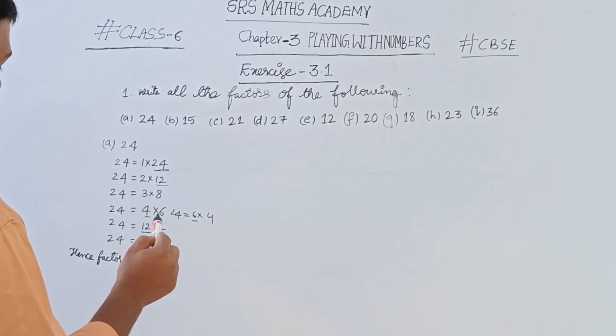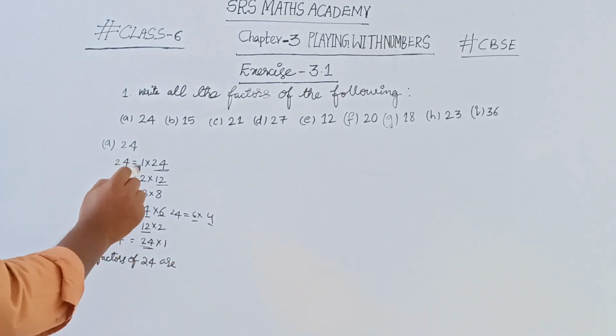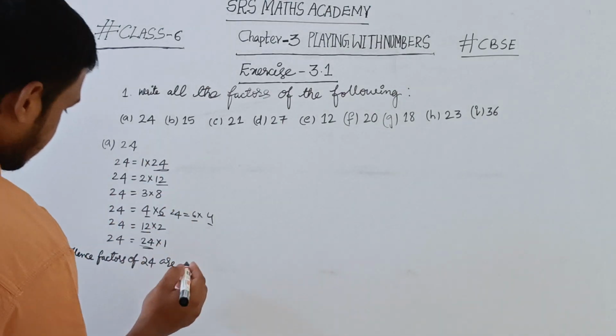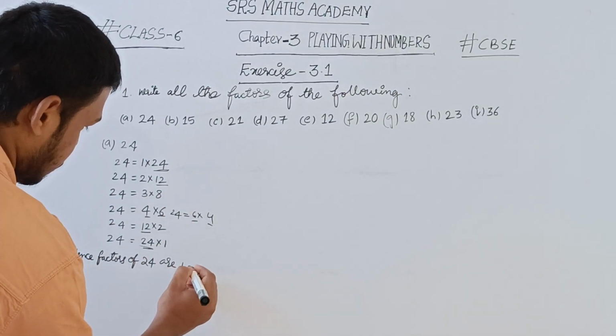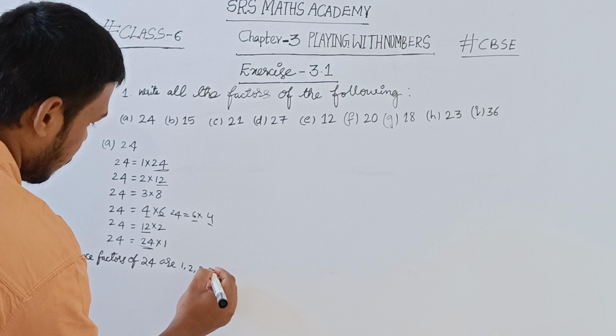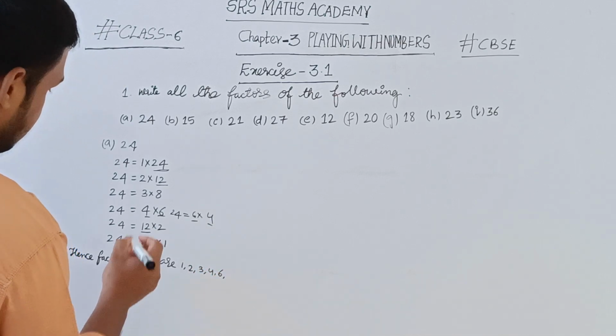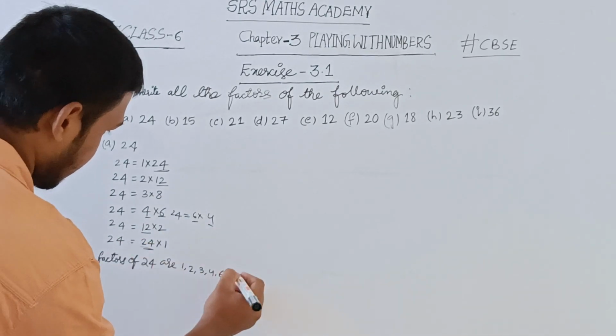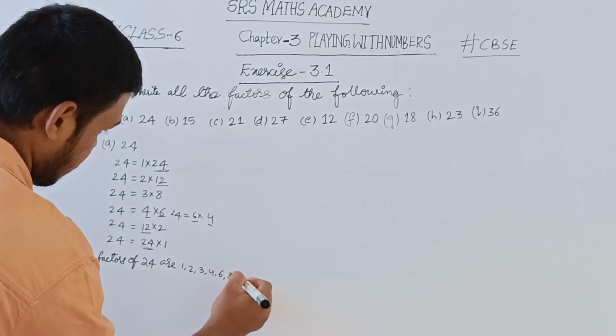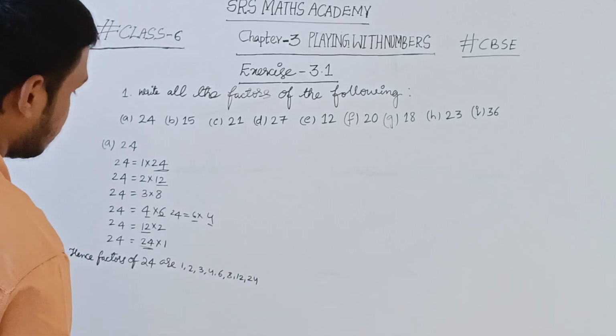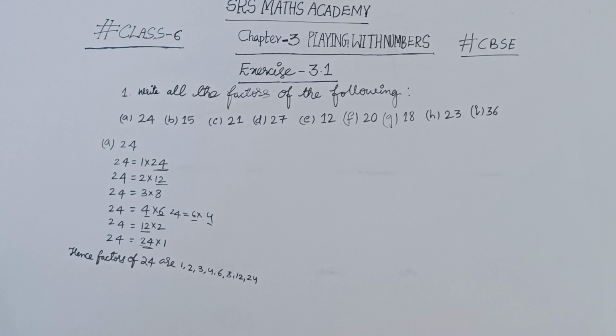So 6 4 is repeated here, so we take only one time. So the factors are 1, 2, 3, 4, 6, then 8, 12, and 24. So these are the factors of 24.